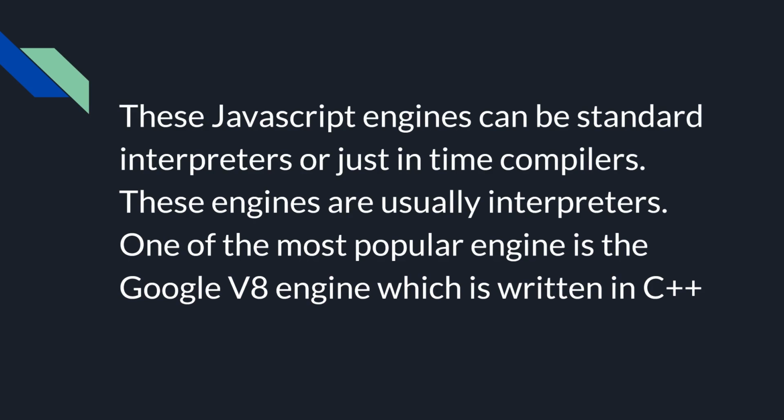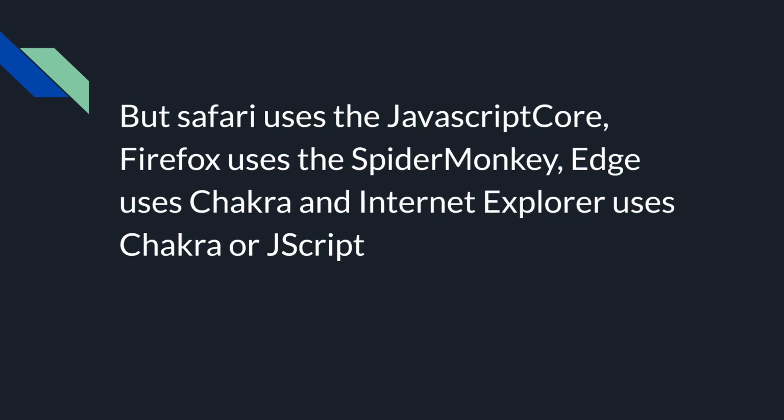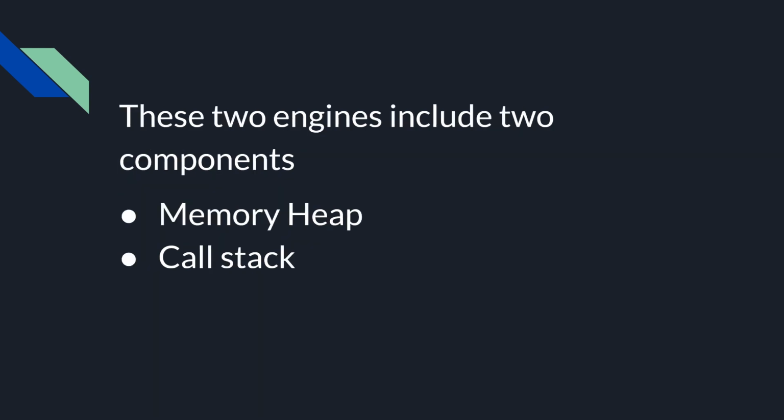One of the most popular engines is the Google V8 engine, which is written in C++. But Safari uses JavaScriptCore, Firefox uses SpiderMonkey, Edge uses Chakra, and Internet Explorer uses Chakra or JScript. So these are the different types of JavaScript engines available in the different browsers.